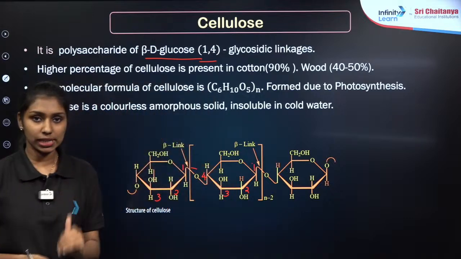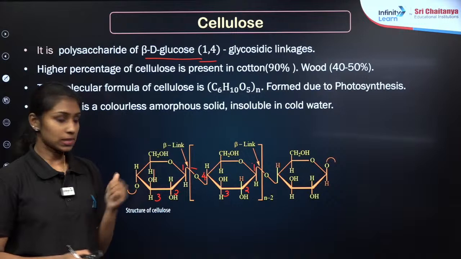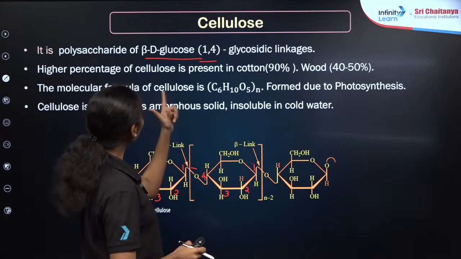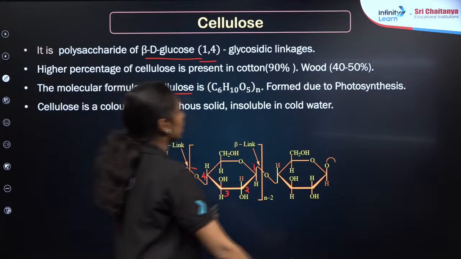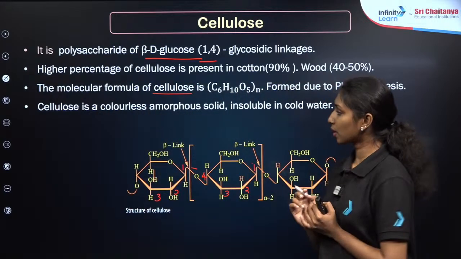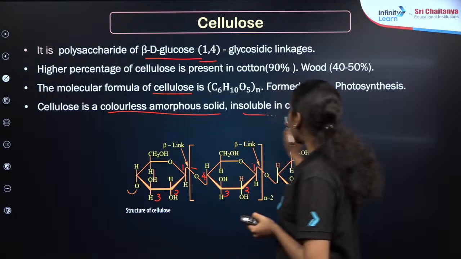Again 1,4-glycosidic linkage of beta D glucose is present in the case of cellulose. Clear? And these are colorless amorphous solids insoluble in cold water.